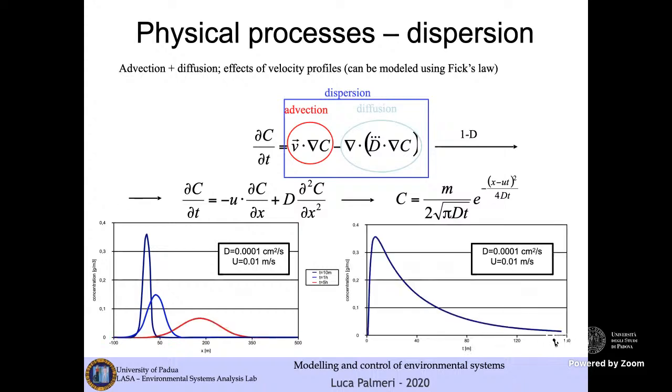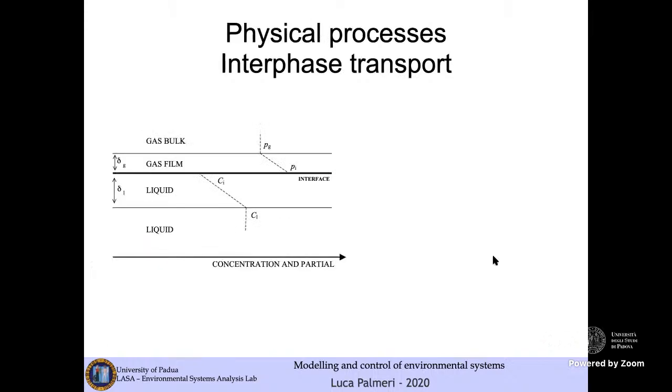So you have an exponential decrease in concentration due both to the fact that the material is moving by advection, the transport of bulk material with the water, and that the concentration is decreasing also due to diffusive processes that are described by the diffusion coefficient D. Okay?